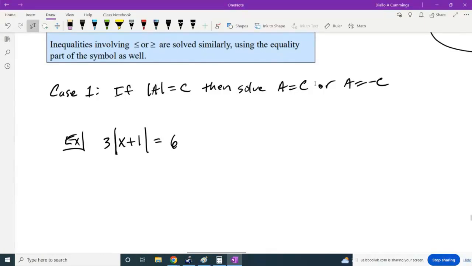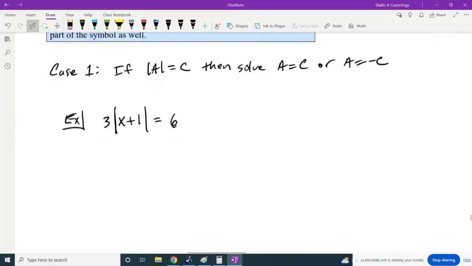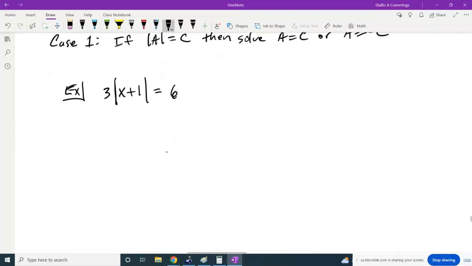Before I can even apply this absolute value formula, I have to make sure that this absolute value is isolated. So that means that this 3, I got to move it to the other side. So the opposite of multiplying the absolute value of x plus 1 by 3 is to divide by 3. So the first thing is to isolate the absolute value.